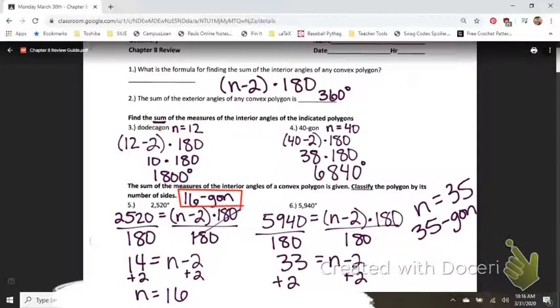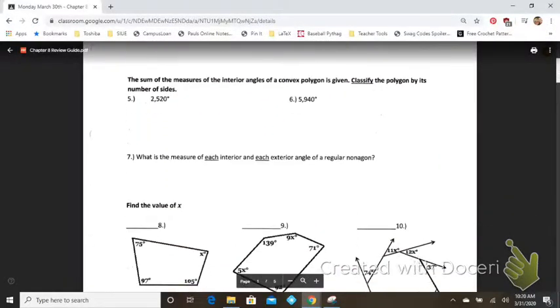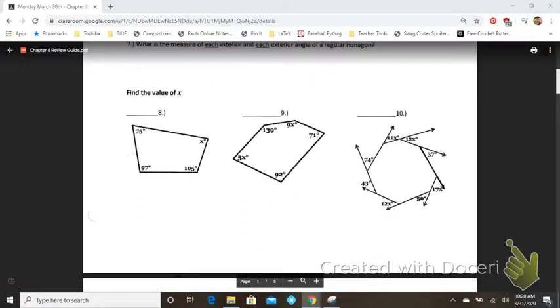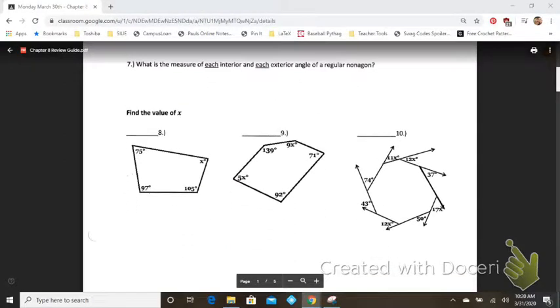Okay, pause the video here if you need more time with those problems. I'm going to scroll down. What is the measure of each interior and each exterior angle of a regular nonagon?